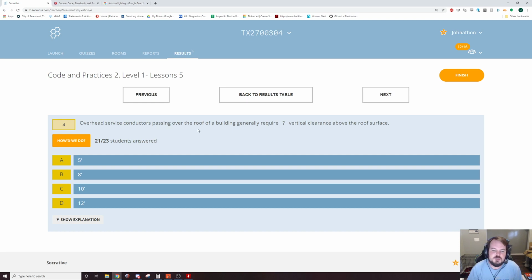Overhead service conductors passing over the roof of a building. Vertical clearance. This is going to be service conductors vertical clearance. Is 8 foot. You're going to want to look up service conductors, which I want to say is 220. But I could be wrong. It is not 220. 230. 230 is services.